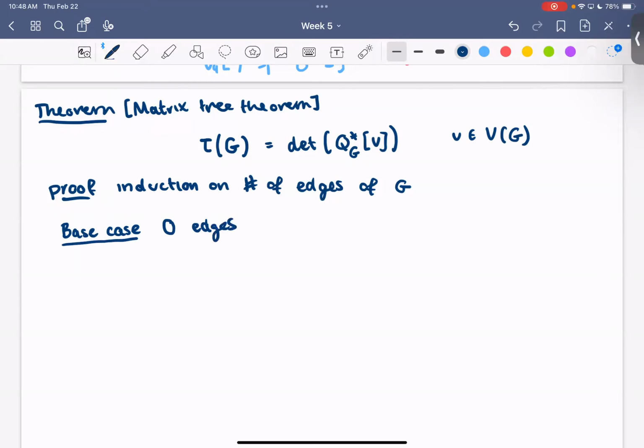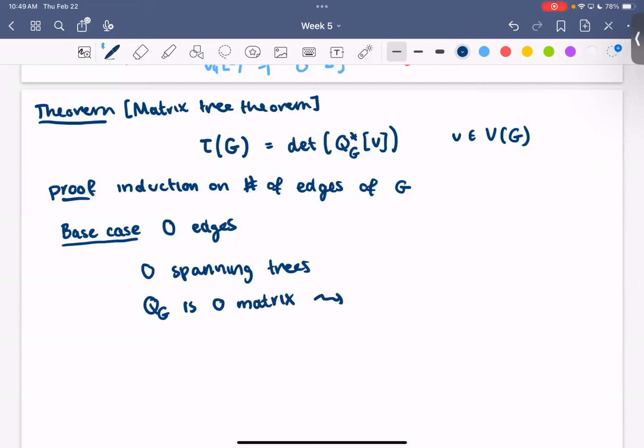So what happens when it has 0 edges? How many spanning trees are there? Yeah, there'll be 0 spanning trees. And what is the matrix Q star, or even just Q sub G? What does Q sub G look like? 0. Yeah, so Q G is a 0 matrix.